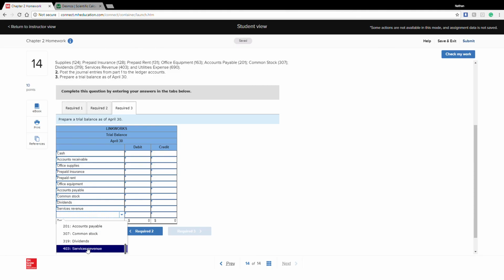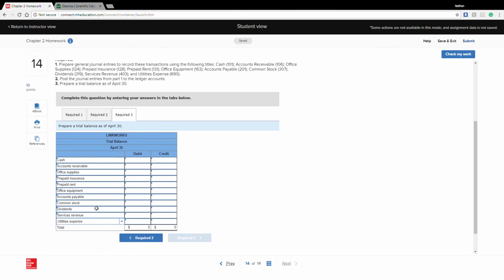So all these accounts are going to be used, and then just flow with it. Basically, when you have T-charts and you put out the T-charts correctly, you can just go down the list of the T-charts and put them in the trial balance. They should all be in the same order.